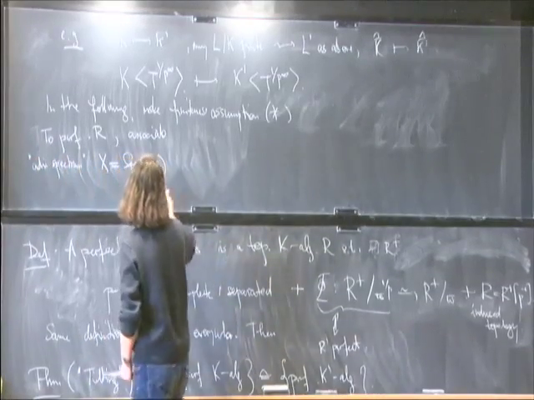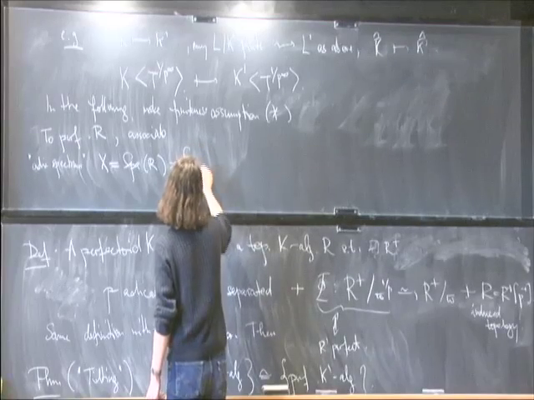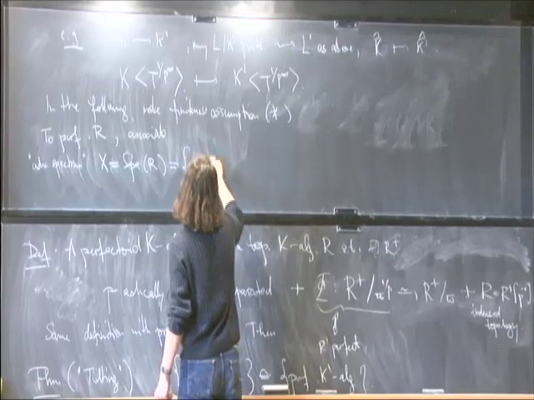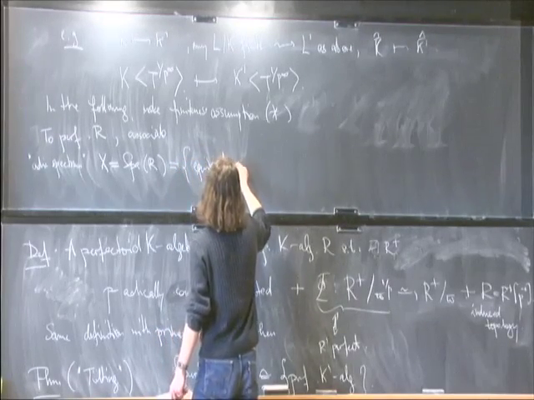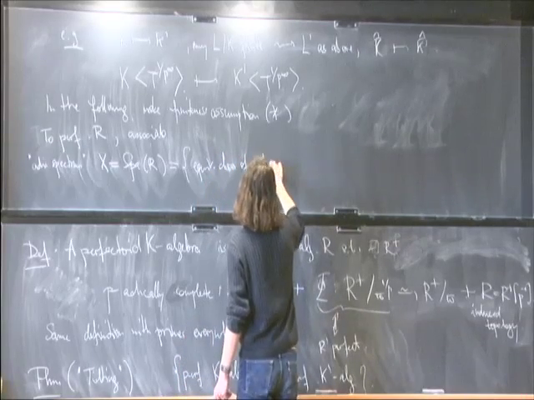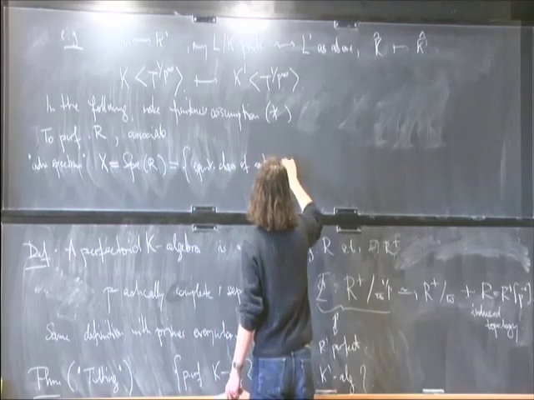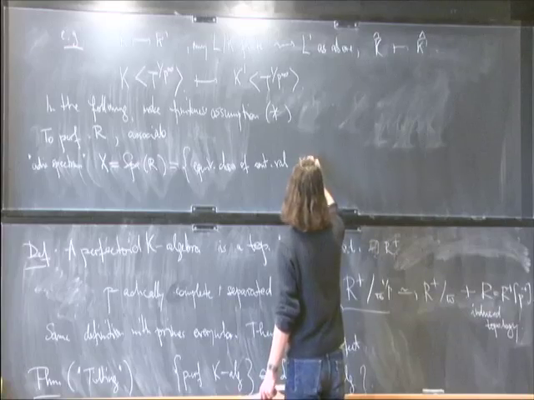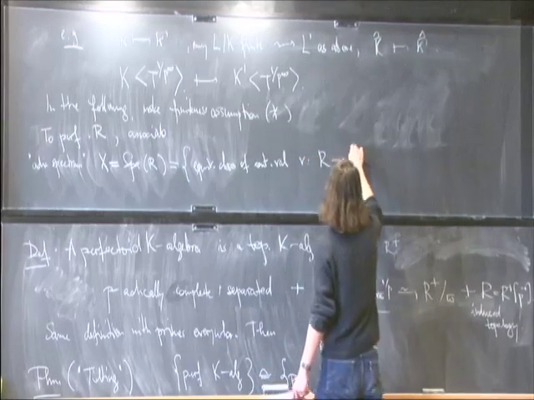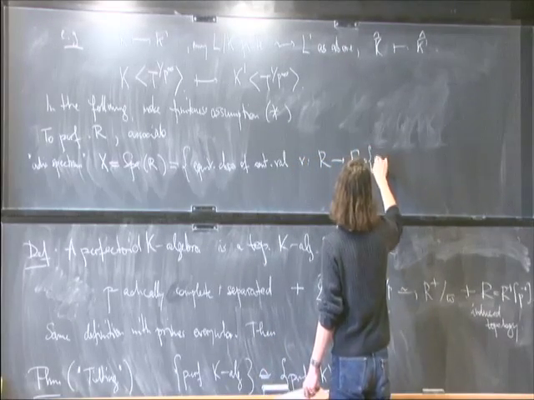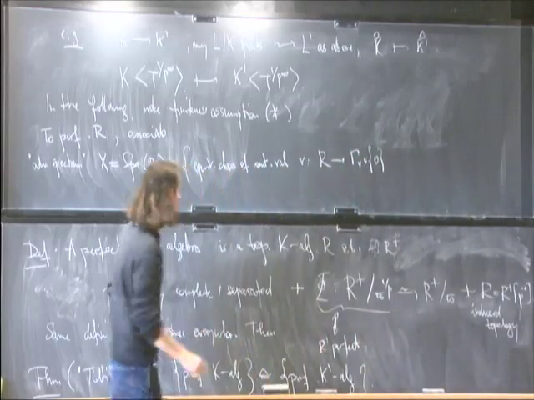It's the set of all equivalence classes of continuous valuations going from R into some value group, a totally ordered Abelian group, union 0.